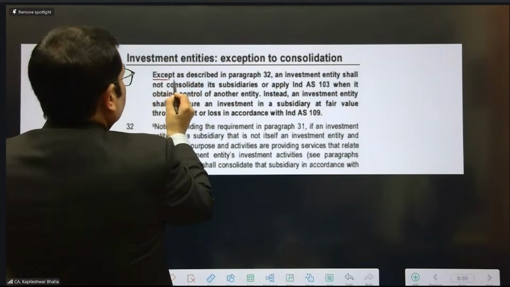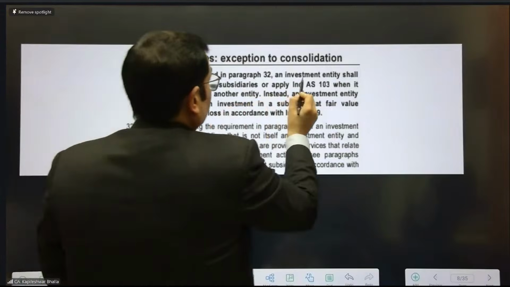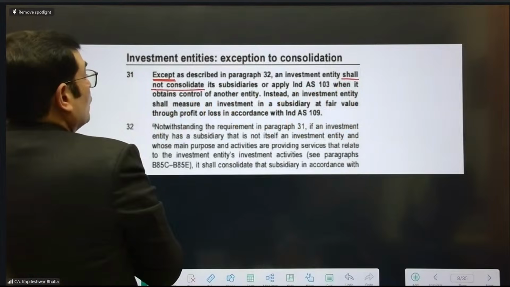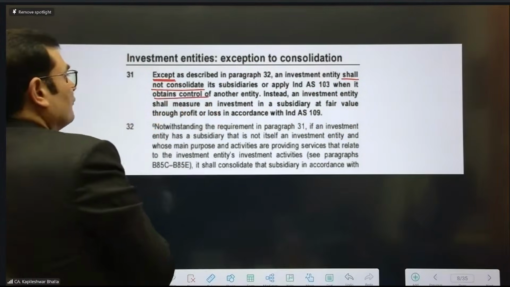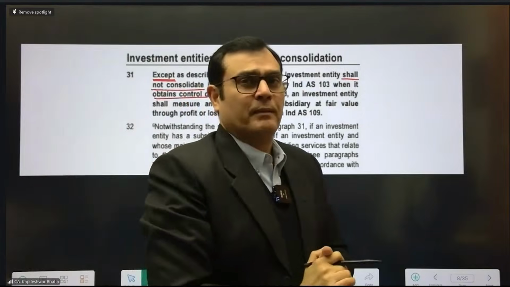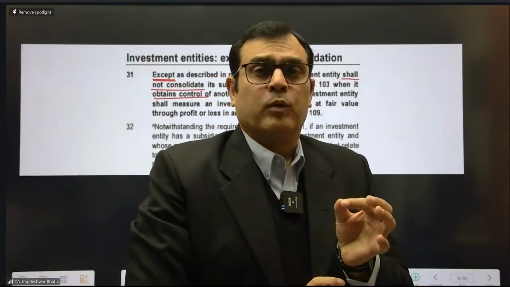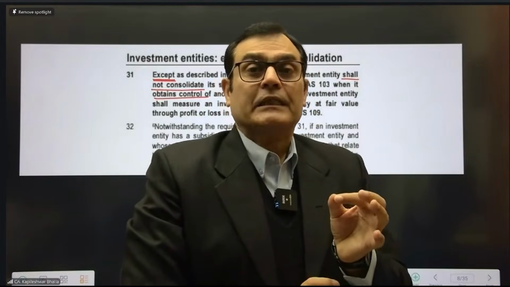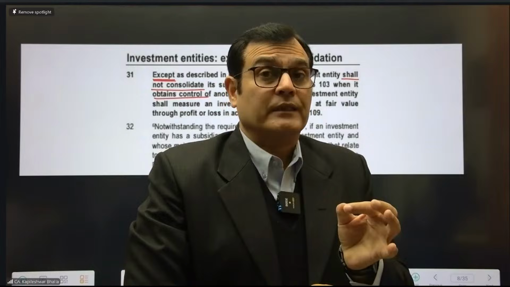It says, except as described in para number 32, an investment entity shall not consolidate its subsidiary or apply Ind AS 103 when it obtains control of another entity. It seems that it is giving you an exception in para number 32. Para number 31 is reiterating what para number 4B said. Para number 4B said that if you're an investment entity, then you are not required to consolidate your subsidiary.